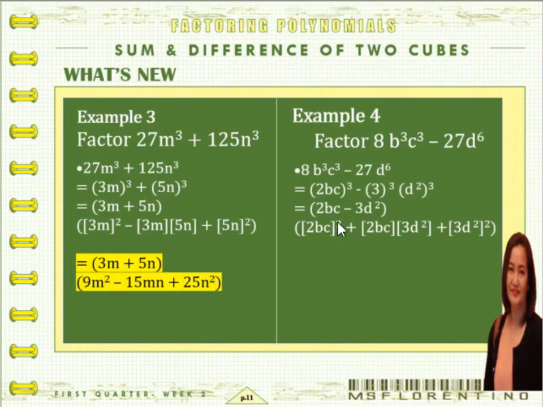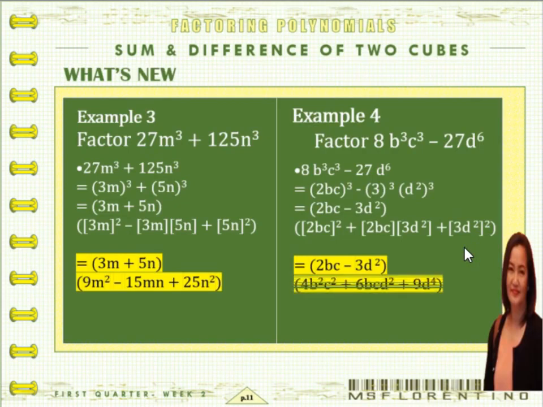2bc raised to the power of 2 is 4b squared c squared. To simplify 3d squared raised to the power of 2, that is 9d to the fourth. And for our middle term, 2bc times 3d squared, 2 times 3 is 6, bc times d squared is bcd squared.